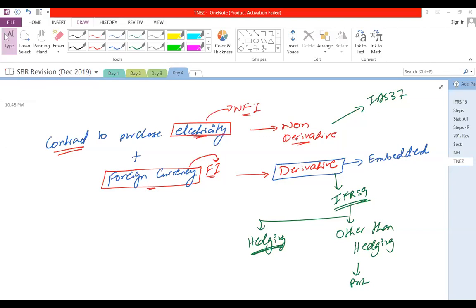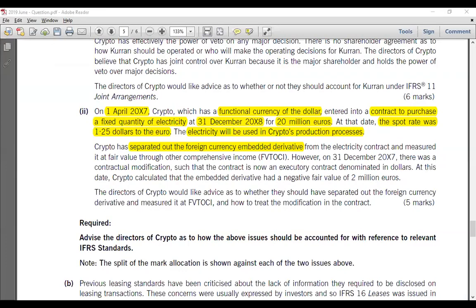This is too hard. Hannah, don't worry. Actually, it is too hard. There's no second thought about that. But it is the way people pass SBR.